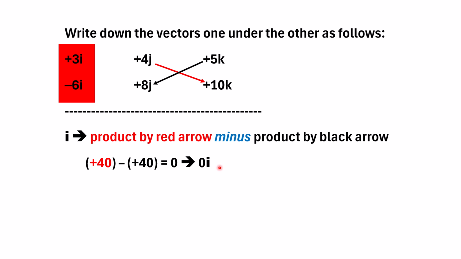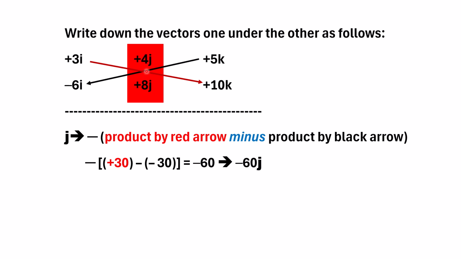The i we have blocked, but the answer will be i. So block the i column and cross multiply as we have shown. The final result will be product by red arrow minus product by black arrow. Here we are getting plus 40 and plus 40, so when we subtract we get 0, so 0i.